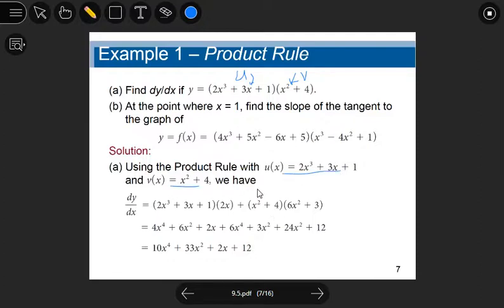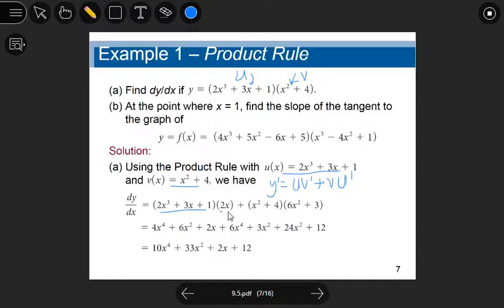So according to the product rule, y prime is equal to u times v prime plus v times u prime. So this is the function u, we write it and then take the derivative of this function, v prime.